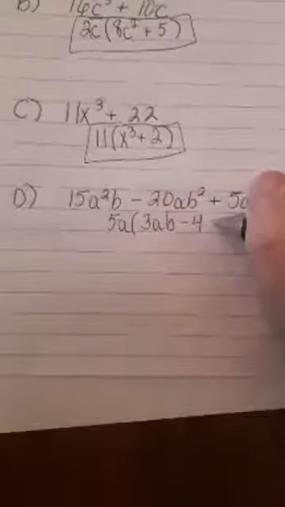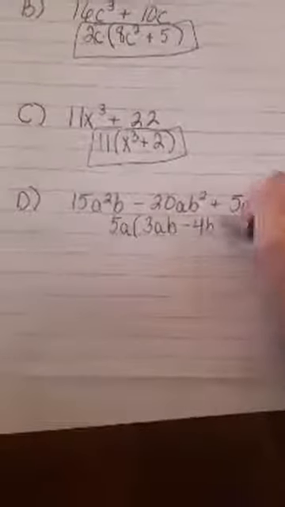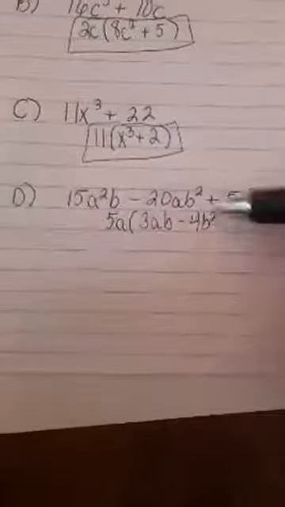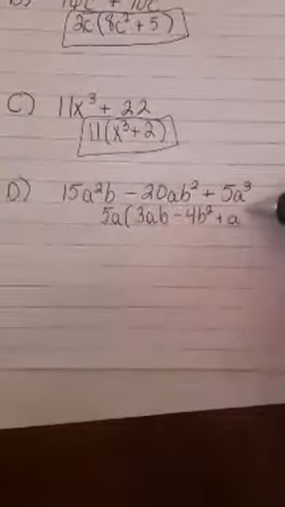You don't need an a, but you need to put your b to the second down, because 5a times 4b to the second is 20ab to the second. Then what do you multiply 5a by to get 5a to the third? And you don't have to put the 1. You just put your a to the second. And that is it. That is your answer.